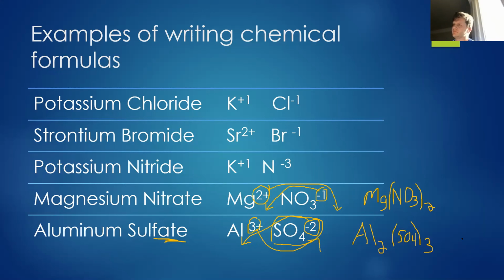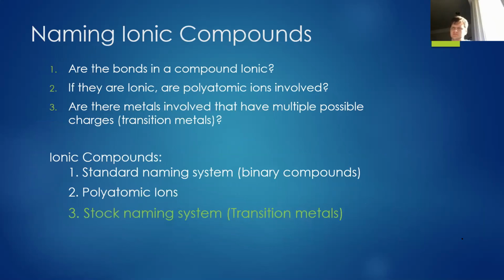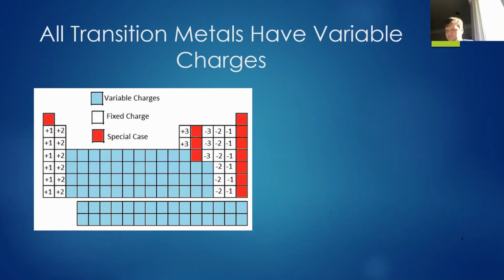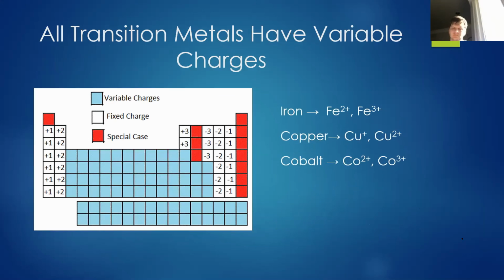So what I'll probably do, I'm going to most likely have to change some dates for the exam, because on Wednesday, I'm going to cover the transition metals since we're running out of time. And the transition metals are just involving this whole center section here. So with the transition metals, we don't know the charges. So that's where they get tricky, because the transition metals can have multiple charges.